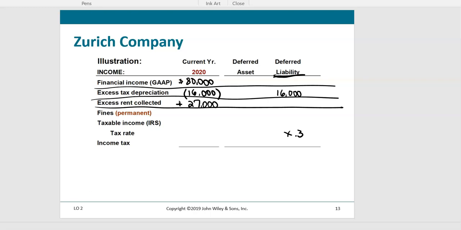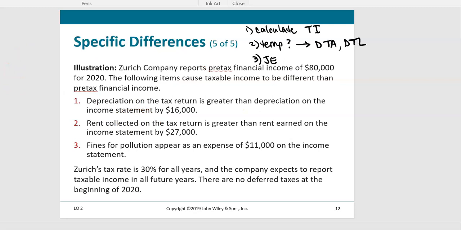Next question, is this going to reverse into the future? Absolutely. Most likely what happened is we received $27,000 in advance, and on the books we recorded a debit to cash and a credit to unearned revenue.